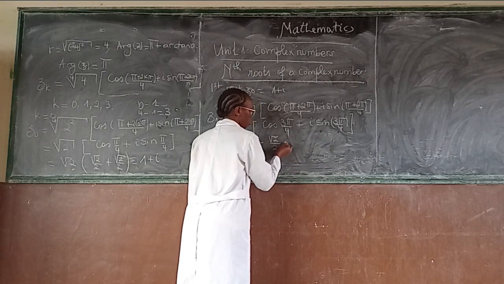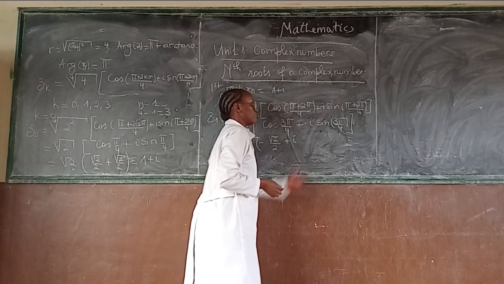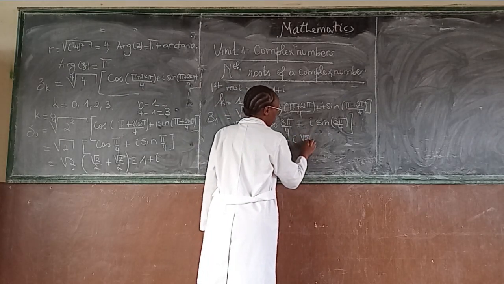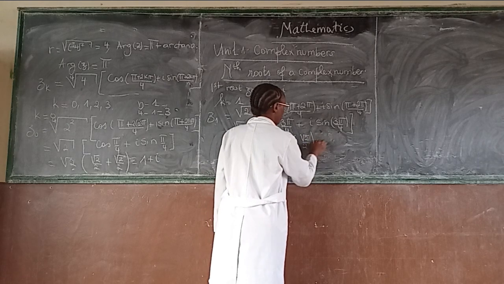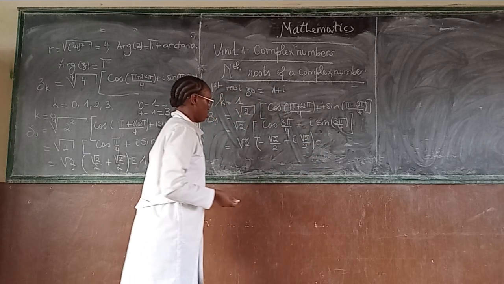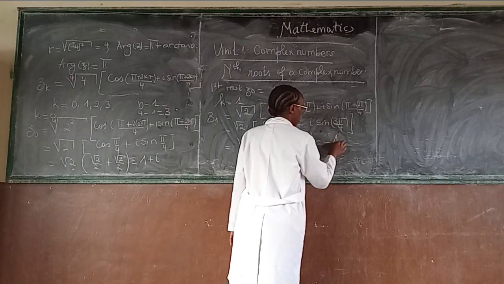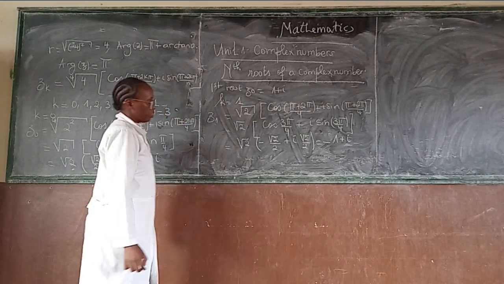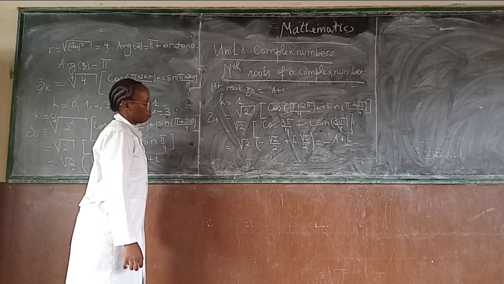The sine of that angle will stay positive because it's in the second quadrant, so we have square root of 2 over 2. By simplifying, we get negative 1 plus i. So we are getting the second root.